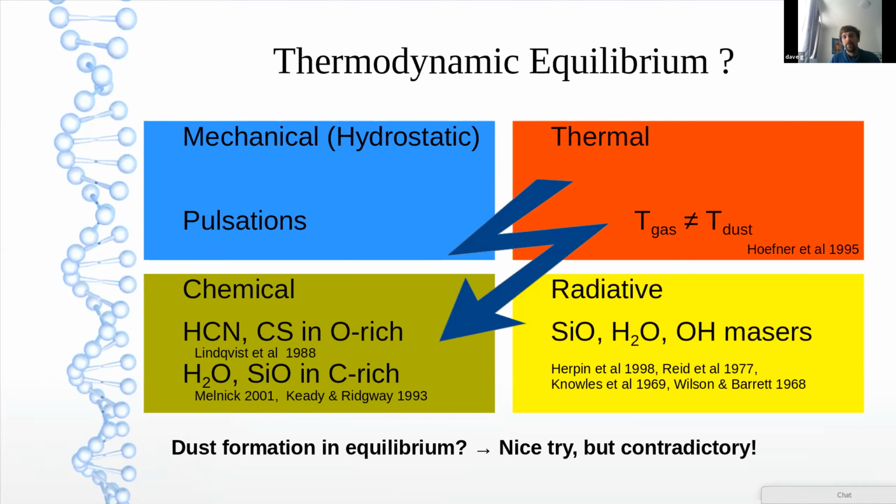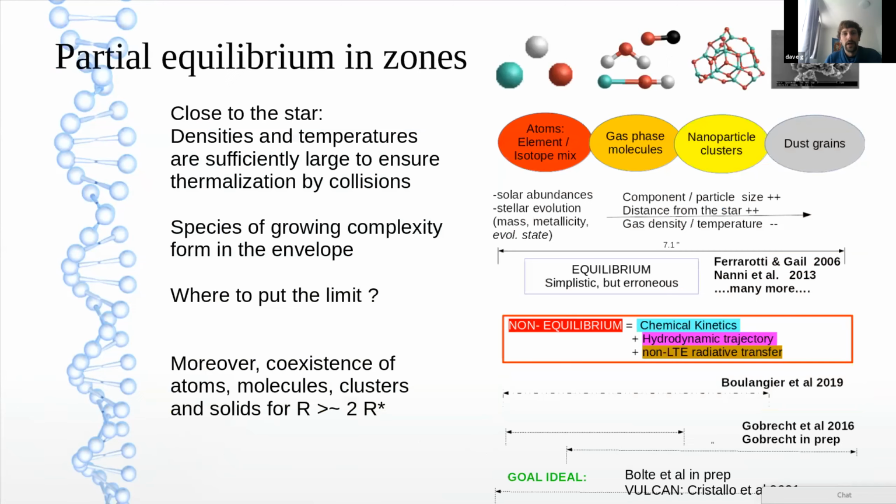Moreover, you might try to put one or the other of these 4 components into equilibrium by arguing with time scales, but you also have some severe drawbacks if you do that. On the other hand, you can apply the equilibrium, for example, to the innermost zones of the star, because there the densities and temperatures are sufficiently large to ensure thermalization by collisions.